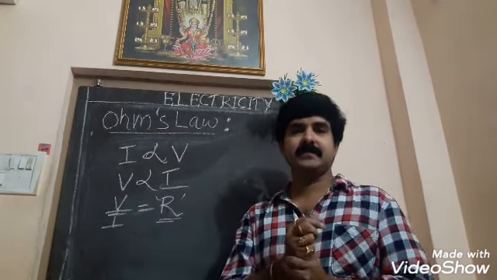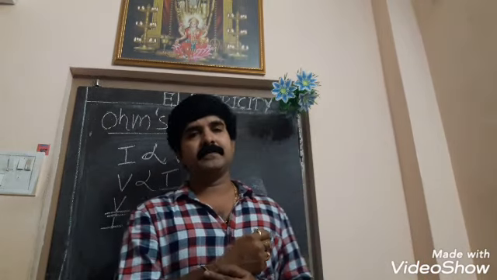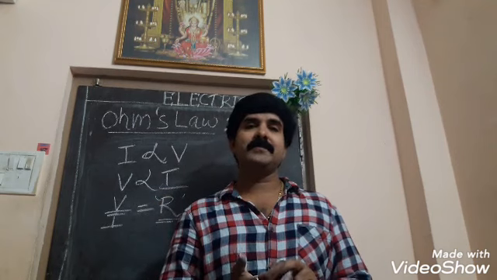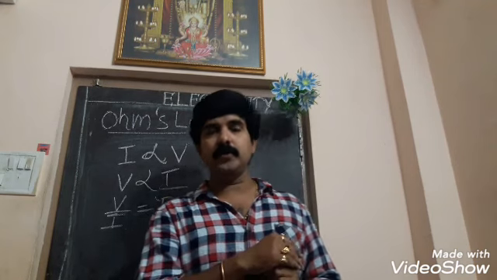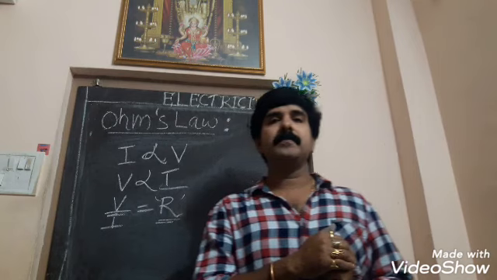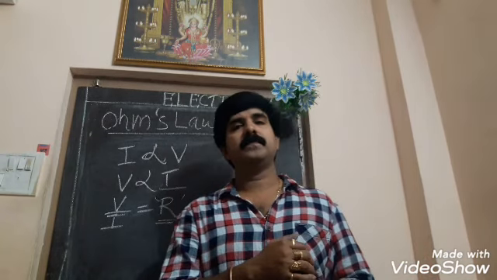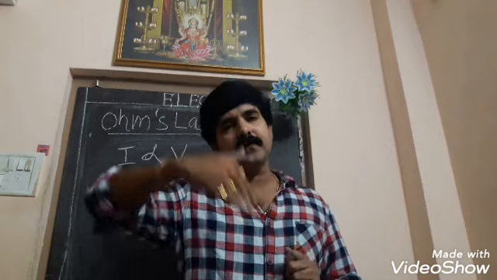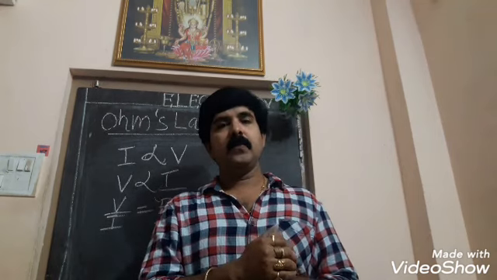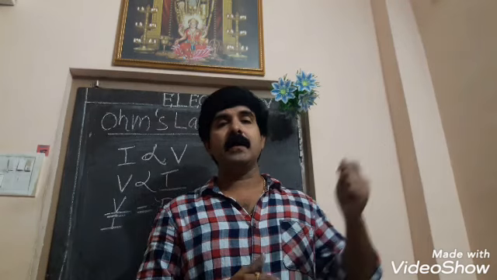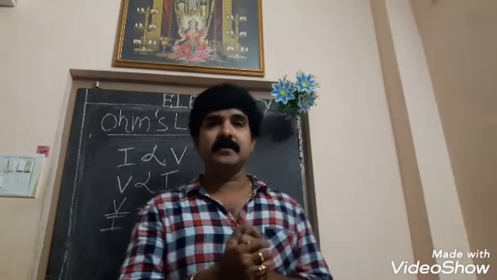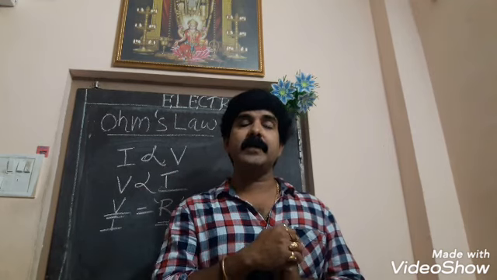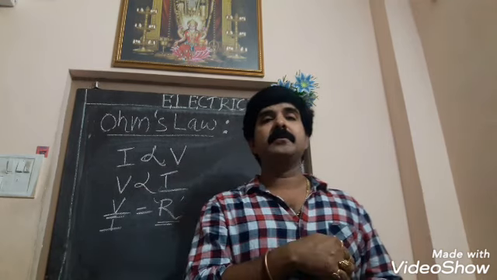In some metals, in some conductors, R is very low. In some conductors, R is very high. That I already told you. In copper, R is very low because it offers very little resistance to the flow of current. When you take tungsten, which is also a conductor, the resistance in that is more.